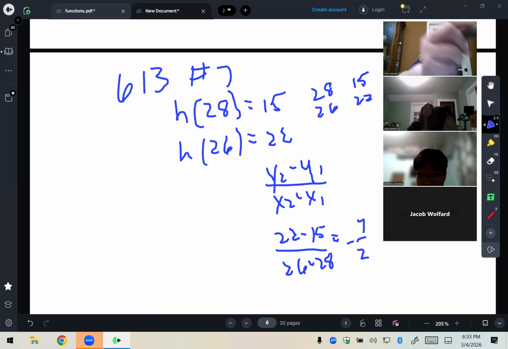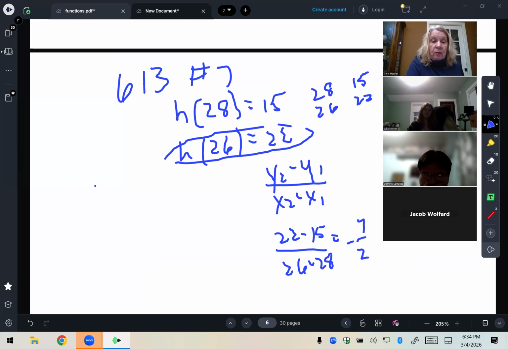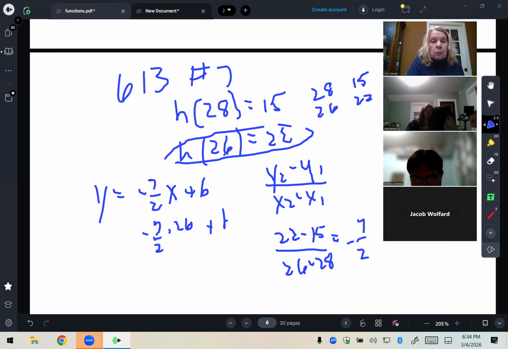So now we have to get the b because we don't know what that is. So I'm just going to pick this equation. It doesn't really matter. So we have y equals -7/2 x plus b. And I'm going to put in 26 for x, and I'll get out 22 for y.